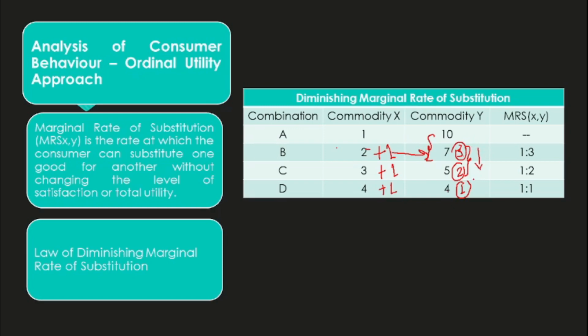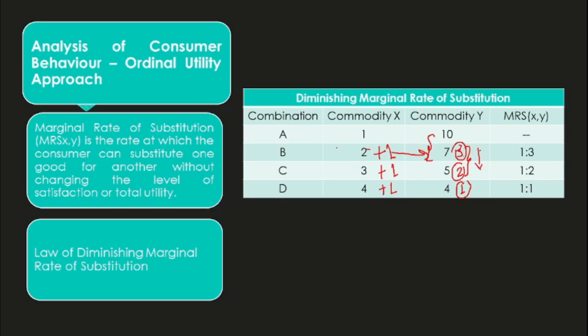It means you are not ready to forego much of commodity Y in order to increase the consumption of commodity X. This also comes from the law of diminishing marginal utility, because marginal utility diminishes. When you add one more unit of X, you are getting satisfied with this, so you no longer wish to sacrifice more of Y.